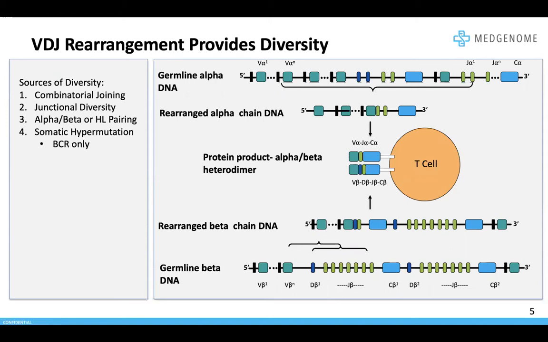And then third, just the alpha beta pairing alone, or in B cells, the heavy and light chain pairing, provides some diversity. Because if you did happen to have the exact same alpha chain in two different T cells, you might have different beta chains. And so just that pairing alone makes it diverse. The fourth thing I have on this list is only relevant to BCR samples, but there's also somatic hypermutation.